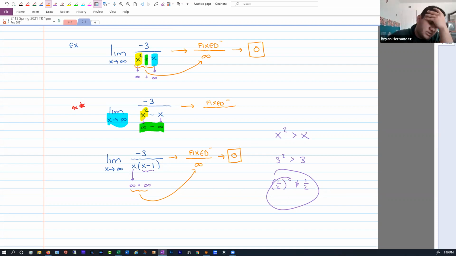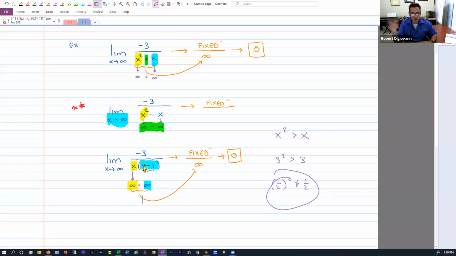What do y'all think? It's okay so far? You don't have to worry about multiplying the x with the -1. Oh, you mean distributing? No, because I'm looking at these as two different things. Here's x, that's really big. And then I'm looking at x minus 1, all of that together is just a really big number, right? Because think about, let's say x is like 40 trillion.